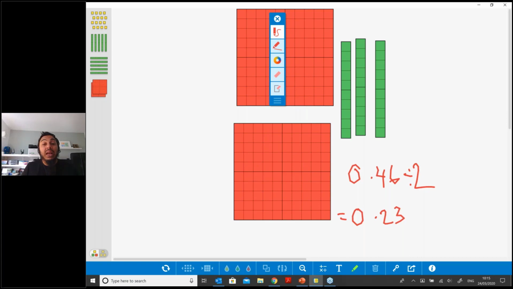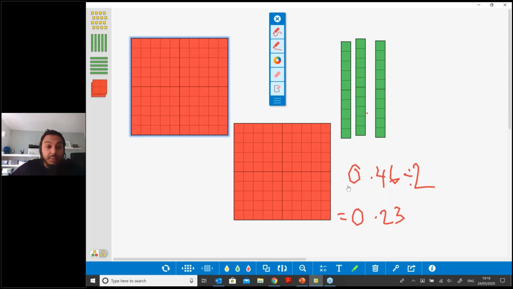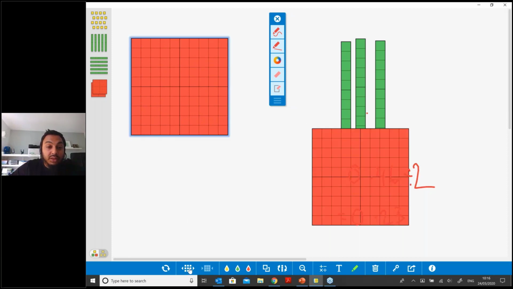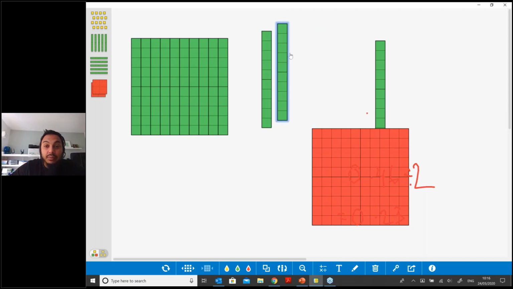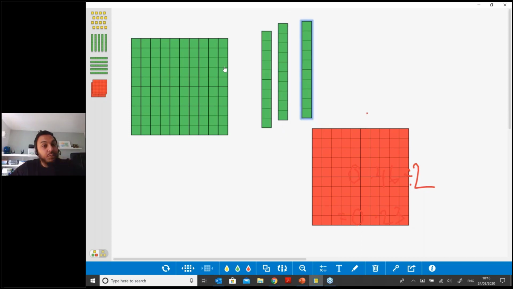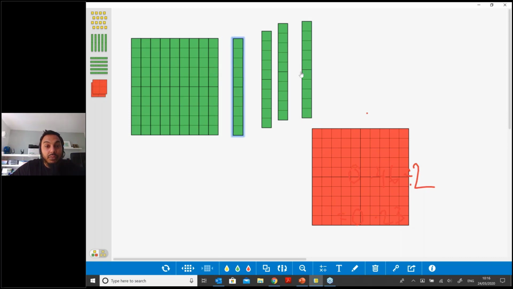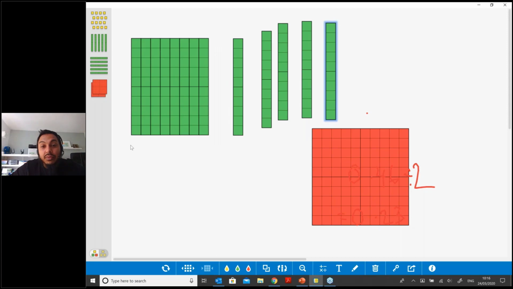And even with multiplication, when we have more than 10 tenths, for example, or 10 hundredths, let's show you what we can do. So let's say we're adding these together. We've got 8 tenths add 5 tenths.